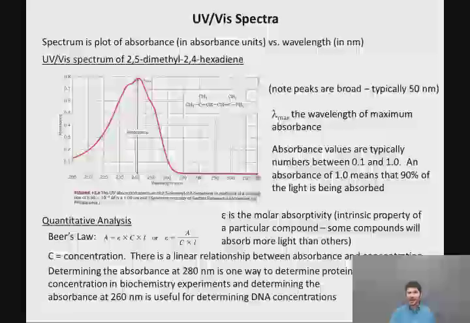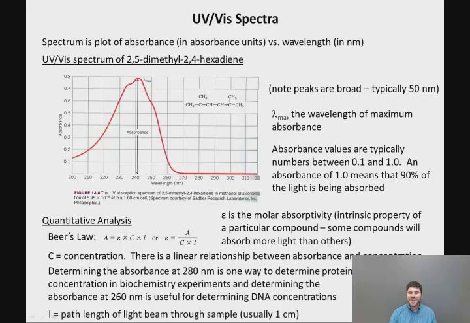When we get to the unit on aromaticity, we'll talk about why certain amino acids absorb at 280 and why the nitrogenous bases in DNA absorb at 260. And then L is simply the path length of the light beam through the sample, which is almost always 1 centimeter. You do these measurements in a little plastic or glass vessel called a cuvette that's 1 centimeter in length.